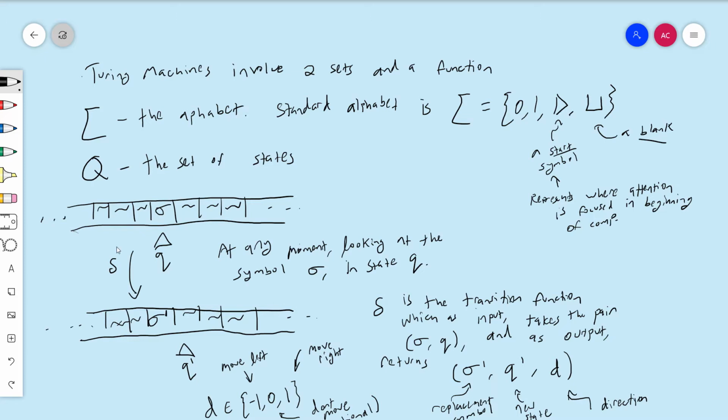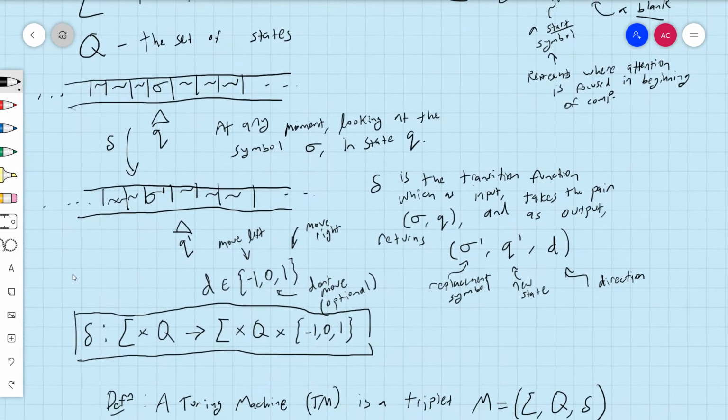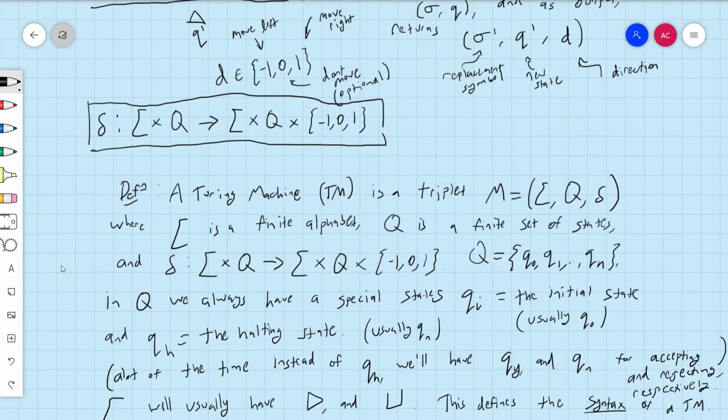So I'm going to define configurations, and then I'm going to define what a step of the Turing machine means out of that configuration. What does it mean for a step to happen? It's going to be basically to say that this one configuration C yields this new configuration C prime in one step. So the configurations are a step towards defining what I mean by the word step.